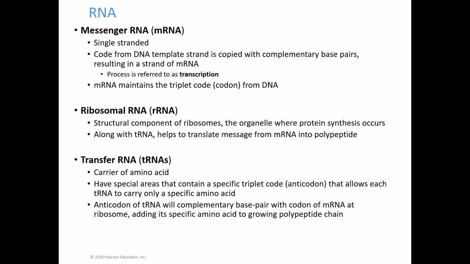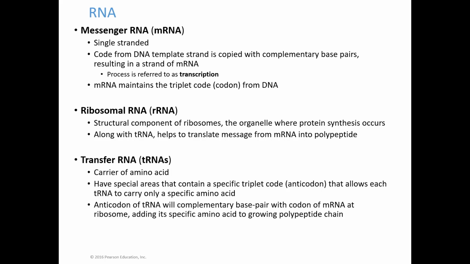The term here is transcription. Transcription means to write down. So essentially, the messenger RNA writes down the instructions in the triplet order. If the DNA specifies adenine, adenine, adenine, then the complement to that is thymine, thymine, thymine, and that's what shows up in the messenger RNA.